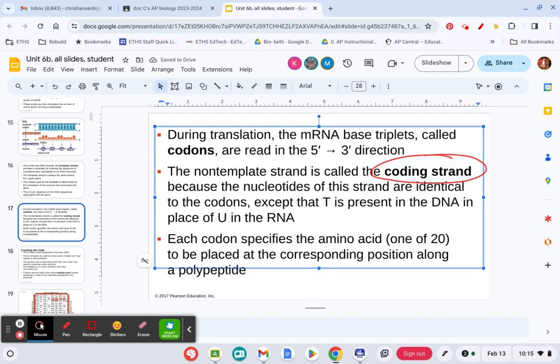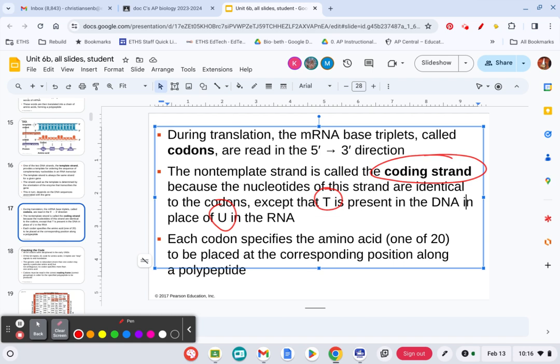Because it is going to be exactly the same as the mRNA, because the mRNA is making a complementary copy of the template strand. So the coding strand and the mRNA strand should be identical, except for what? T and U. Good. So the T is going to be replaced with our U, because RNA does not have thymine, it only has uracil.